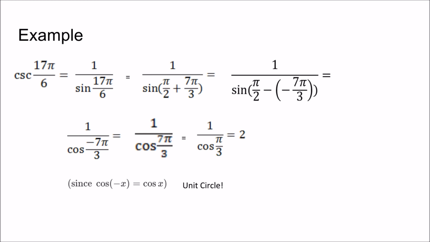So we can see how this complicated problem has simplified into a value that we know, which is cosine of pi over 3, and that's 1 over 2, because we have transformed this expression into the cofunction format. And then the cofunction identities allow us to go from sine to cosine, and that leads us to our final answer.